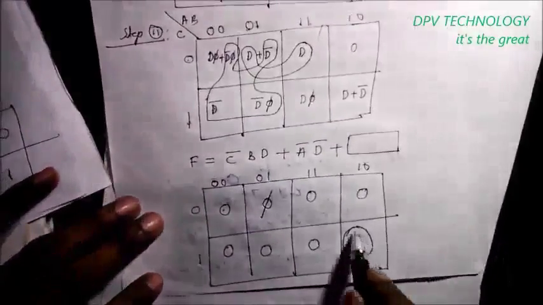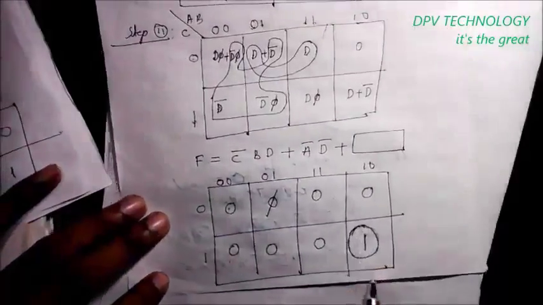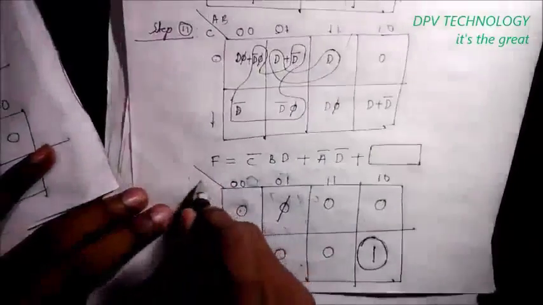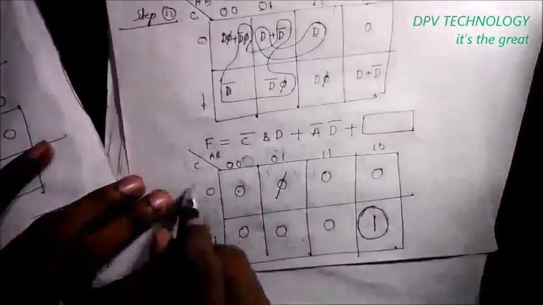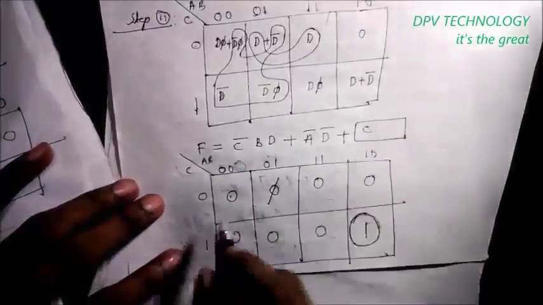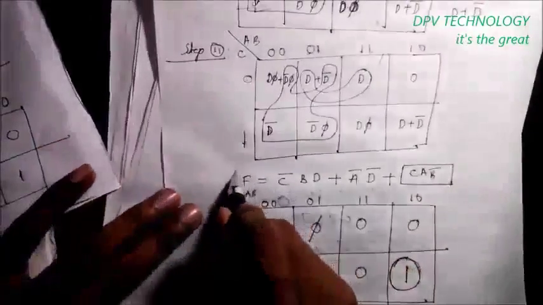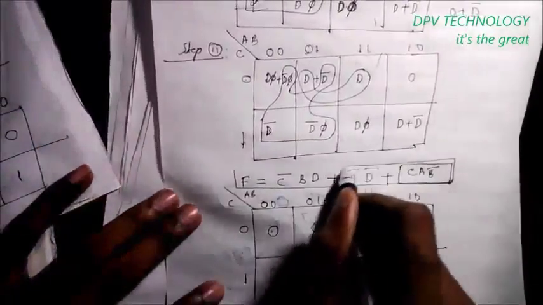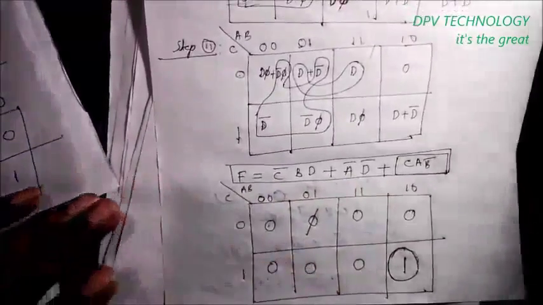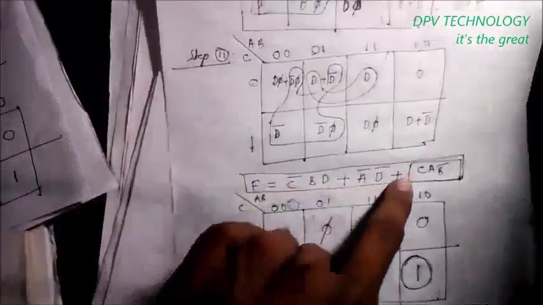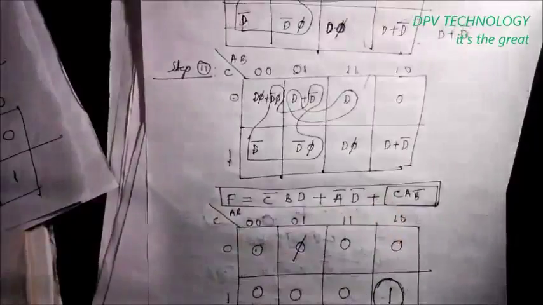So directly group this thing, and you will get C, then A, and this is B bar. So with this we have completed step 2 also, and we have finished the answer. This is the simplified function.